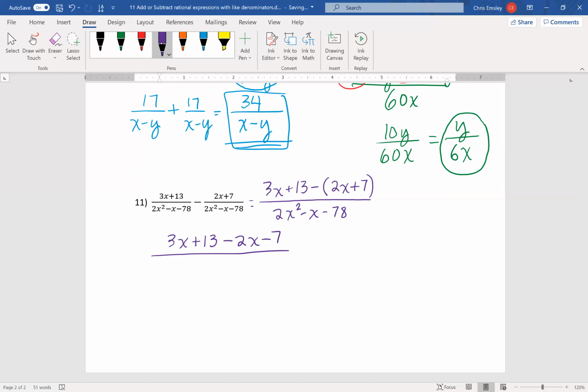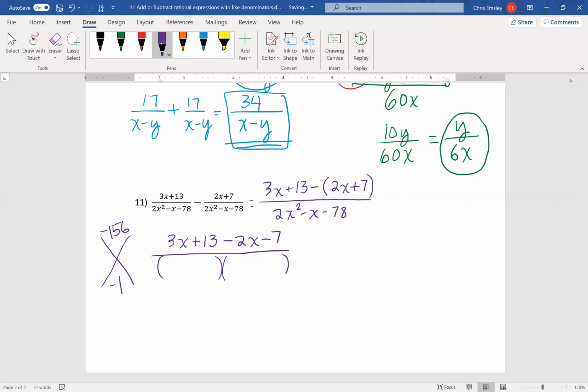I'm going to go ahead here too and factor that denominator. I just bet I'm going to need to factor it before we're done. This one has kind of big numbers, so we'll make our little table over here. And 78 times 2 is 156. And we're looking, oh, it's negative, sorry, negative 156, and we're looking for a sum of negative 1.